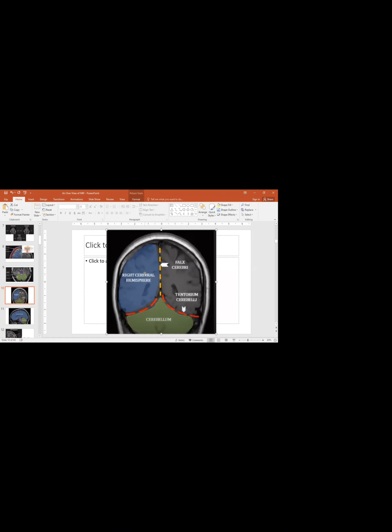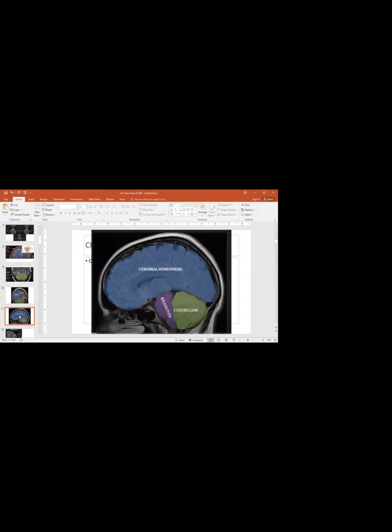This was coronal. Now we come to this midline sagittal section, and we can see this is the frontal bone, this is the occipital bone, and this is the major part of the brain, the cerebrum. This is the cerebral hemisphere. The two cerebral hemispheres are joined by a structure known as the corpus callosum.